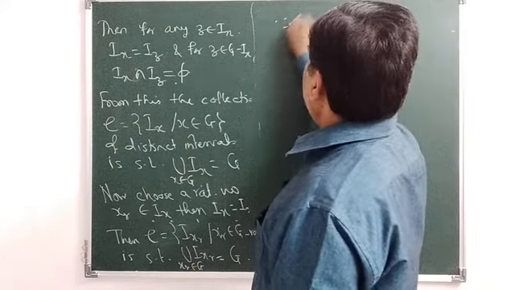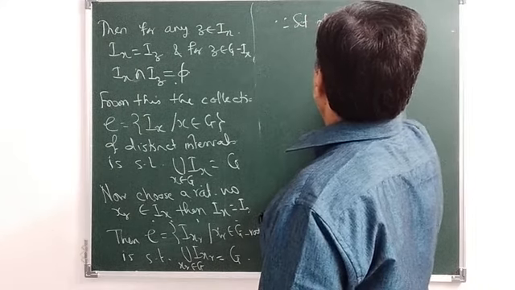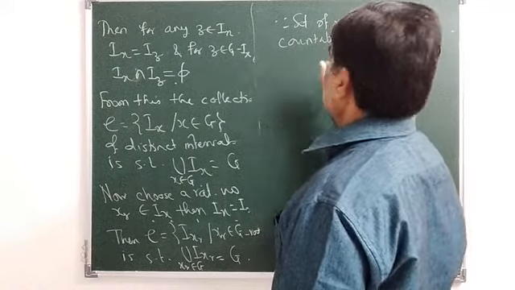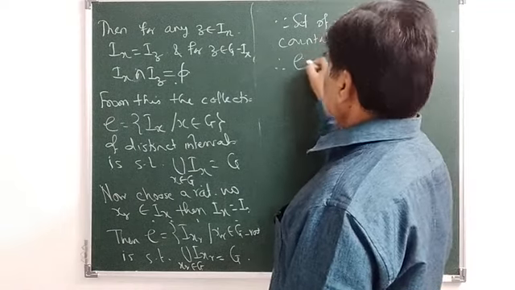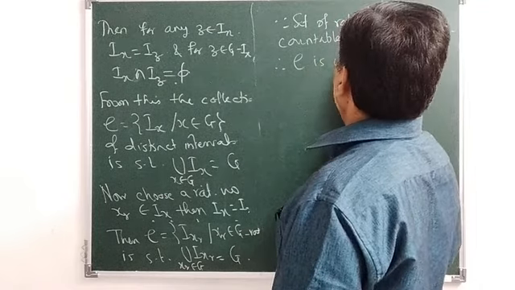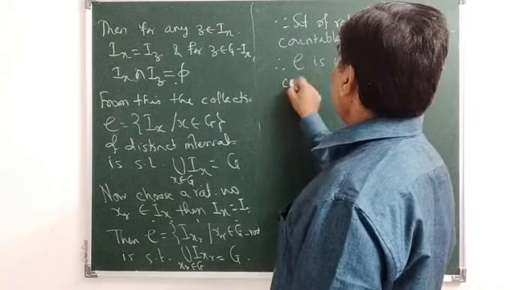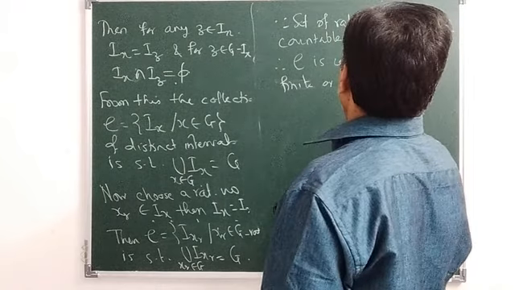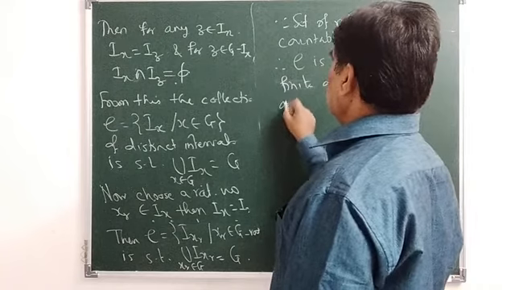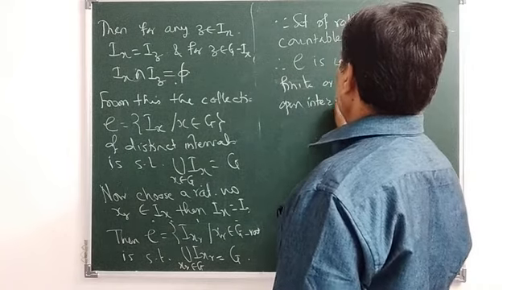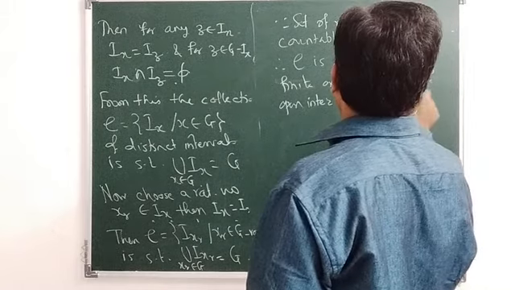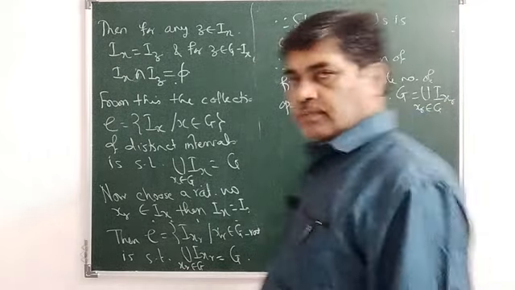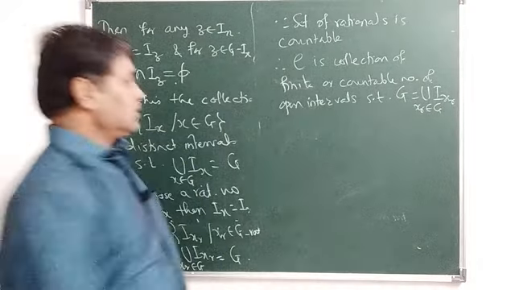Now since the set of rational numbers is countable, therefore C is a collection of a finite or countable number of open intervals such that G is equal to the union of Ixr, xr belongs to G. Hence the result is proved.